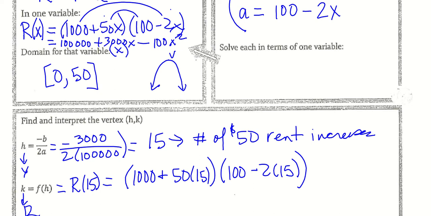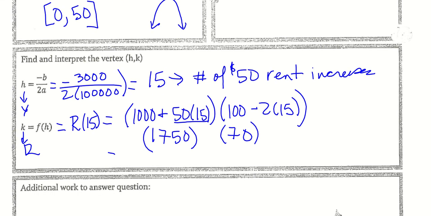Well, 50 times 15 is 750, so that makes this 1,750. 100 minus 2 times 15, 100 minus 30 is 70. And I multiply that together, and I get $122,500.